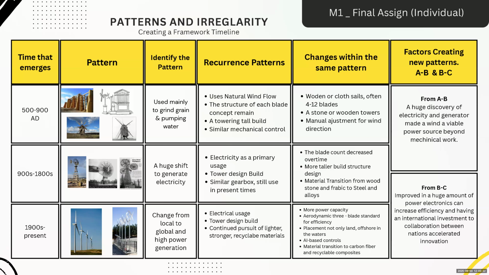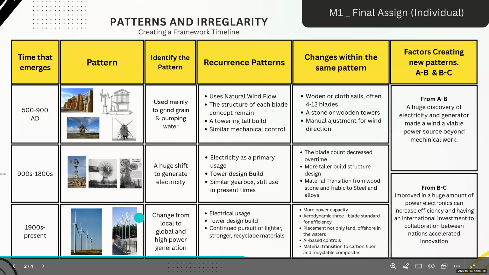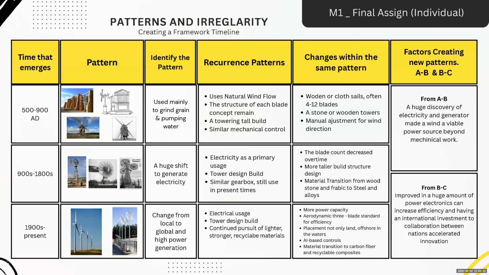Then there was another leap in modern times. The change is from a local to a global market and higher power generation. These turbines are massive, with three aerodynamic blades, producing 2 to 15 megawatts each.